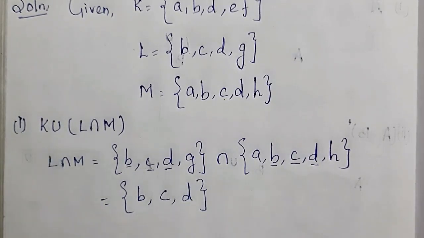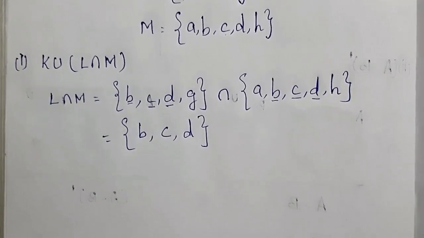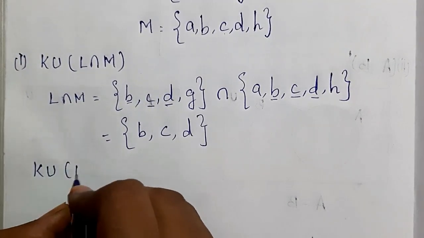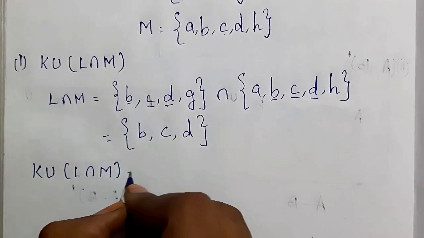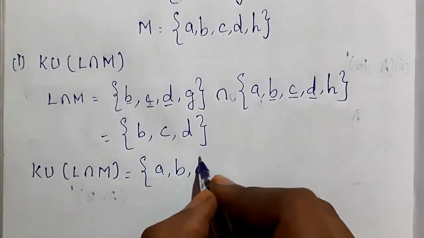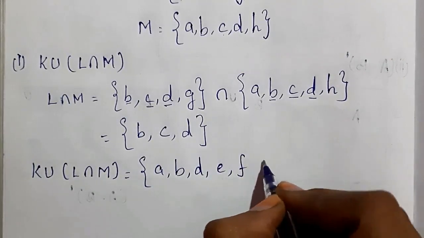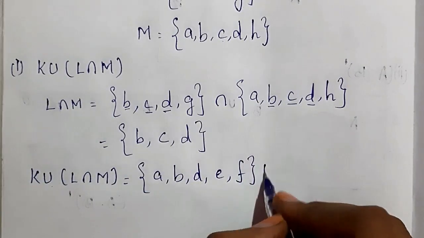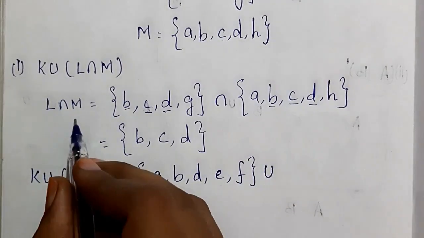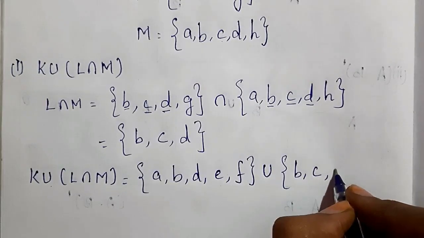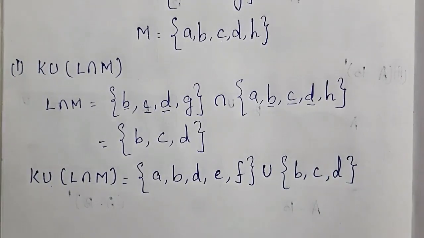Next we consider K union (L intersection M). So K union (L intersection M) equals, write the K value: a, b, d, e, f. It is the K value. Then union, then L intersection M, which is b, c, d.